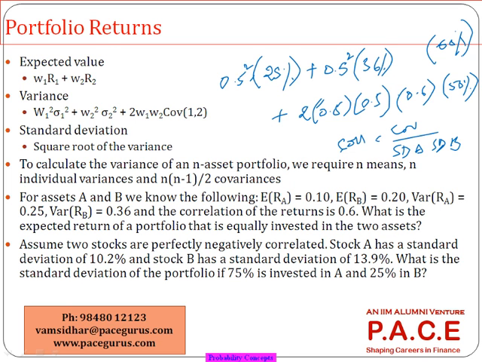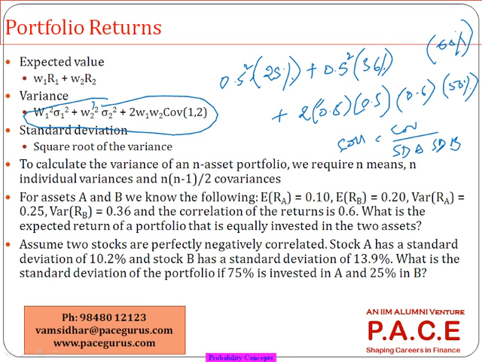Whenever we have to compute the variance, this is another major aspect for us. If I am talking about an N asset portfolio, I am creating a portfolio with N securities. I need their N returns, N individual variances, and also all pairwise covariances. If there are 2 items, there is only one pair.